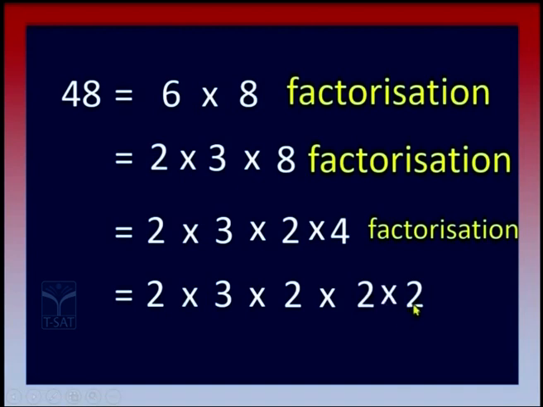Now you observe at this step, every term 2, 3, 2, 2, 2, these all are prime numbers. Can you split any prime number further? No. This is the last stage of factorization, and these factors are called prime factors, and this step is the last step of factorization, called prime factorization.